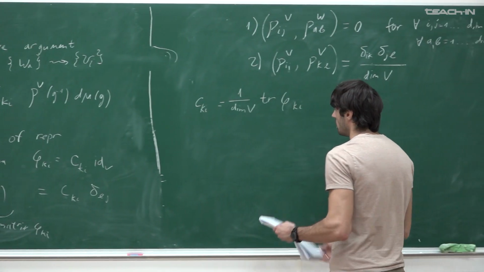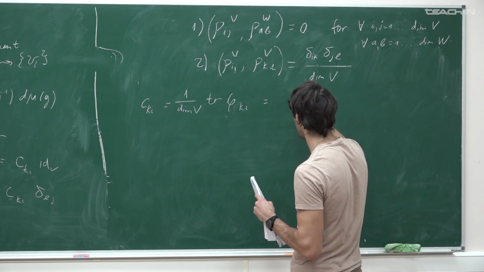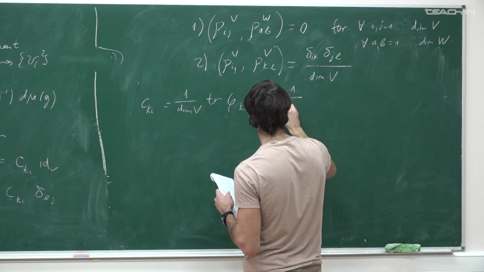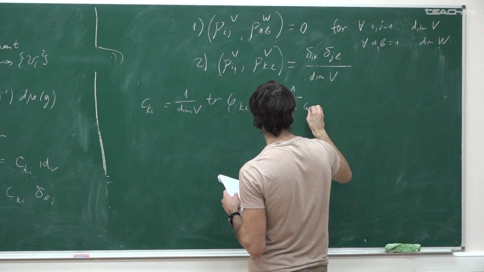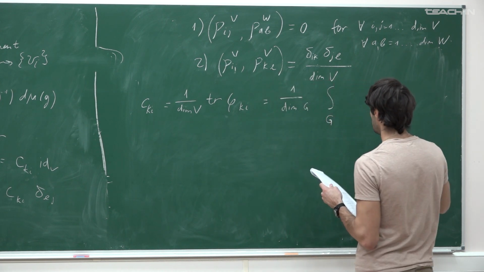Okay. On the other hand, what is this thing? Trace is again something linear, so I can put it inside the integral in the definition of phi_ki.